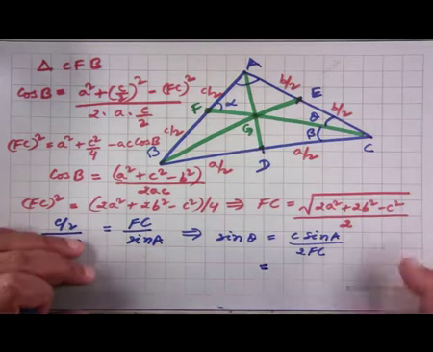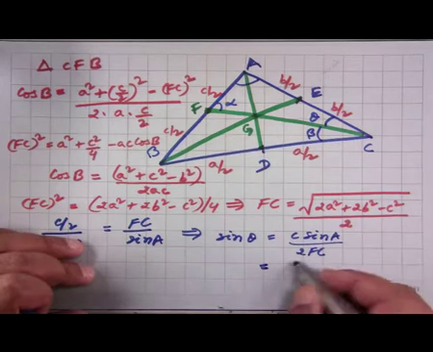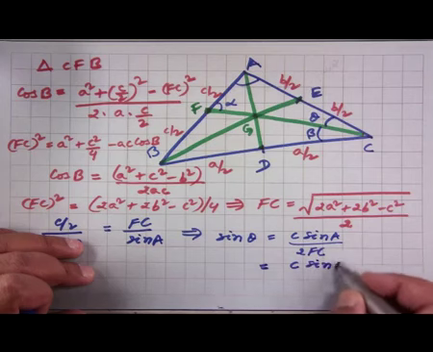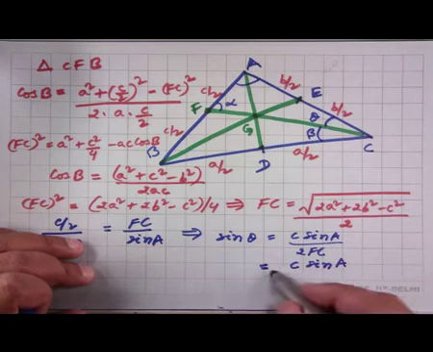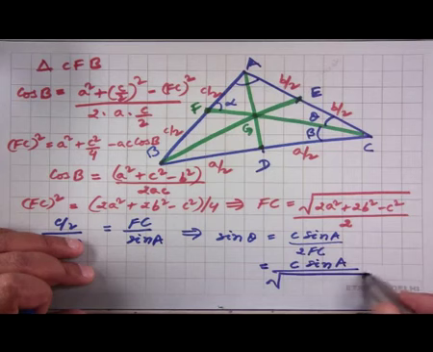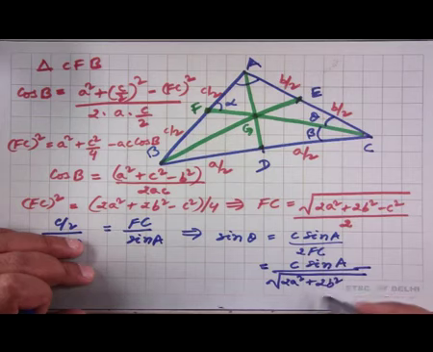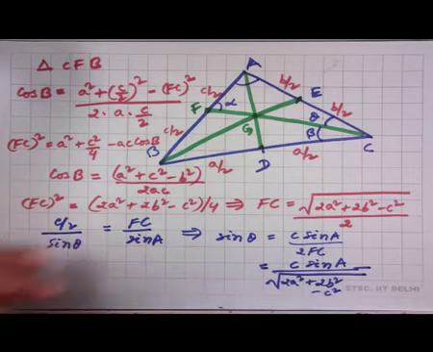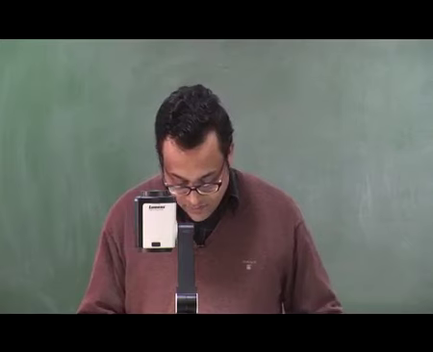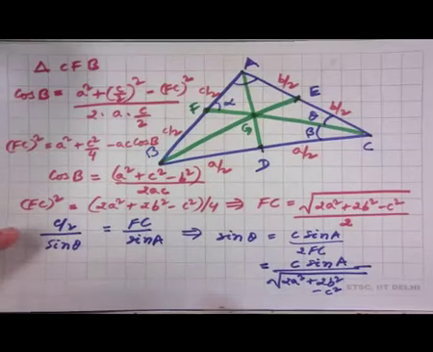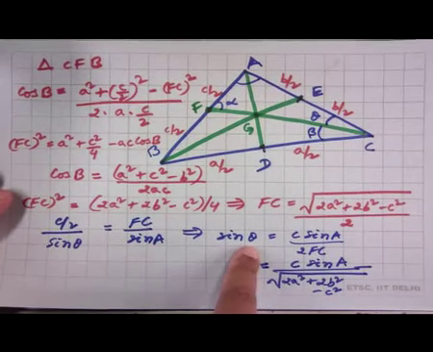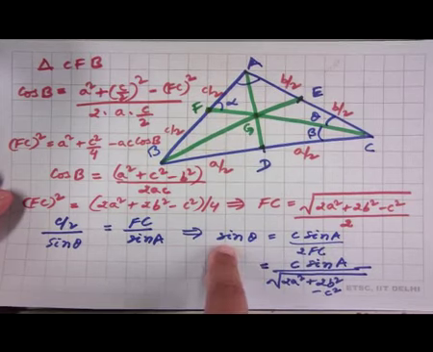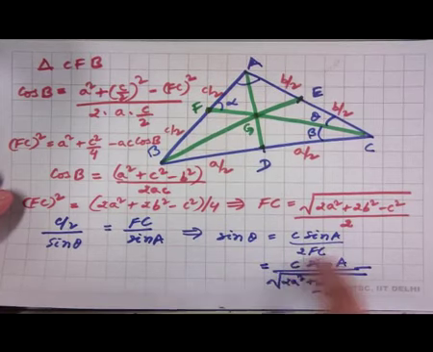So, finally what we get is that sine theta is C times sine A over square root of 2A square plus 2B square minus C square. So with that we have an expression for sine of theta, and then theta of course is sine inverse of this expression.